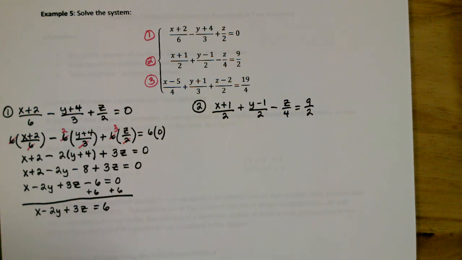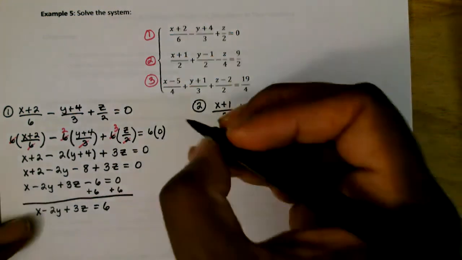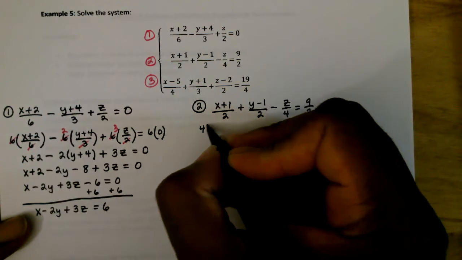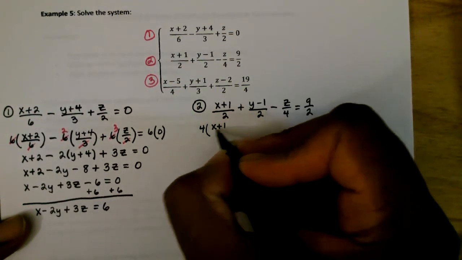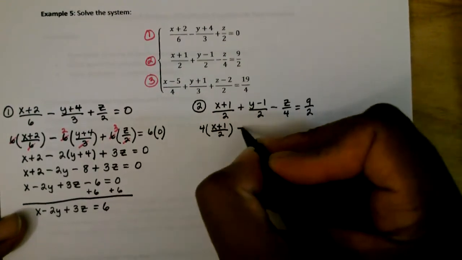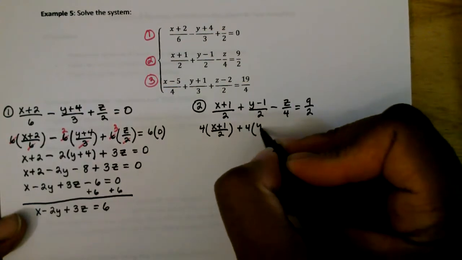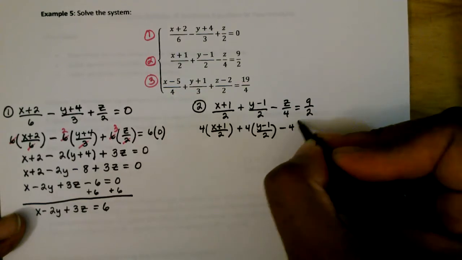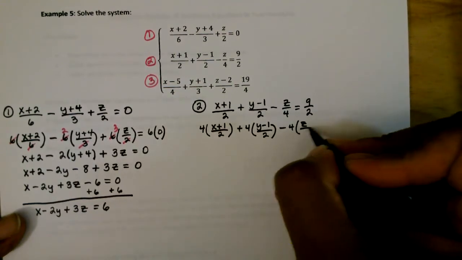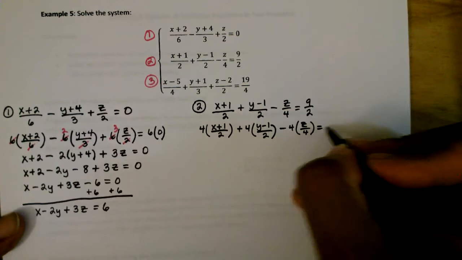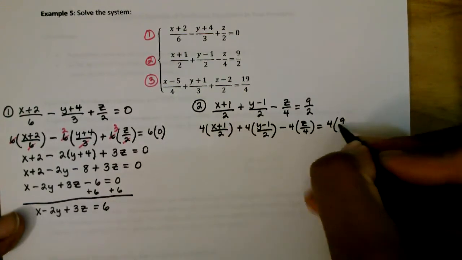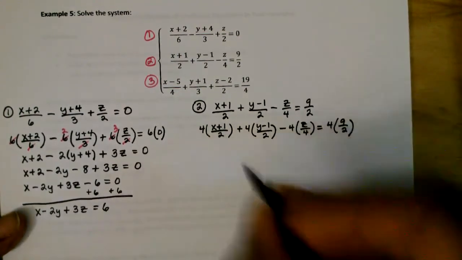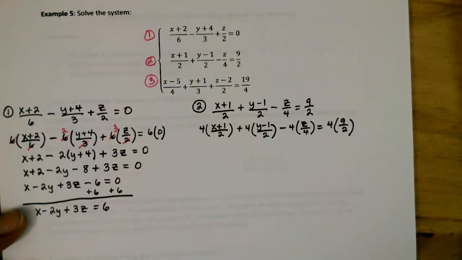It'll have to be 4. So what I'm going to do here is multiply each and every term in this equation by 4. As you can see, 4 will be multiplied by each and every term here.